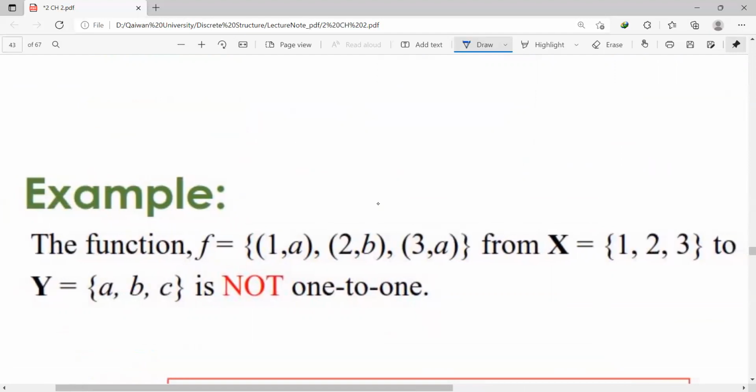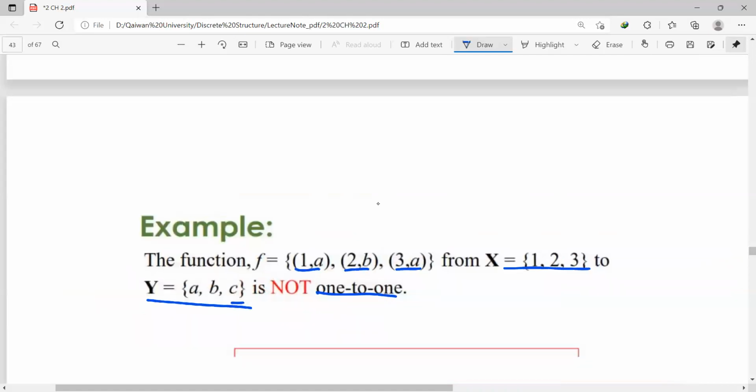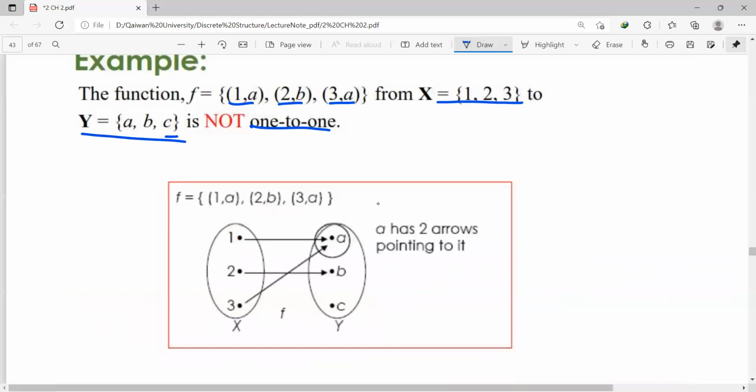And you have this example, which is not one-to-one. How? We have F, which is defined by 1A, 2B, and 3A, from set X, which is 1, 2, 3, to set Y, which is A, B, and C. Here, the image of 1 is A, the image of 2 is B, and the image of 3 is A. As you see here, 1 and 3 are not equal, but they have the same image.